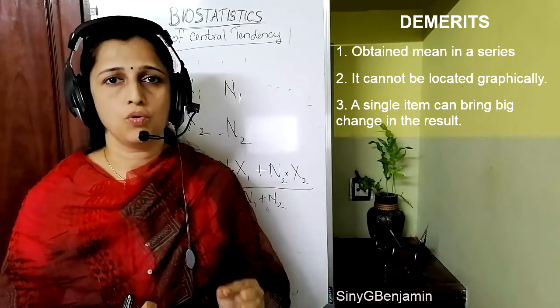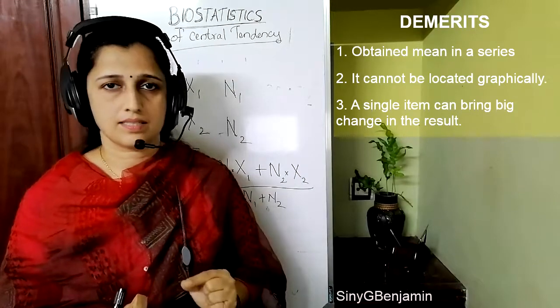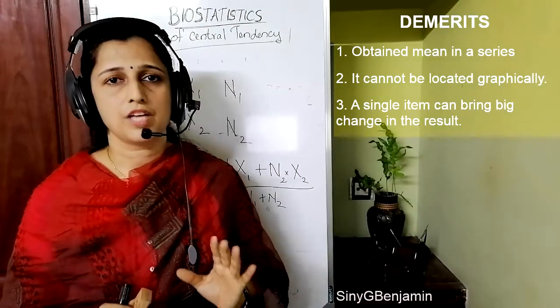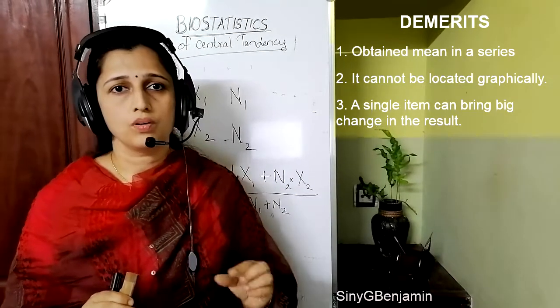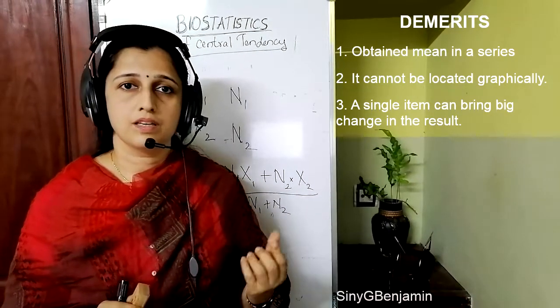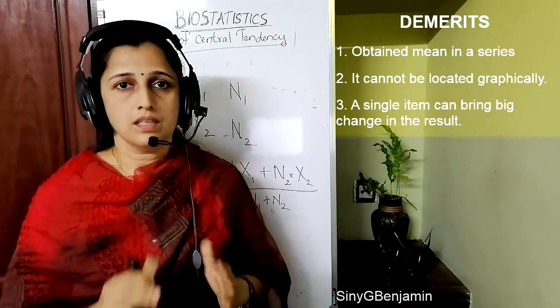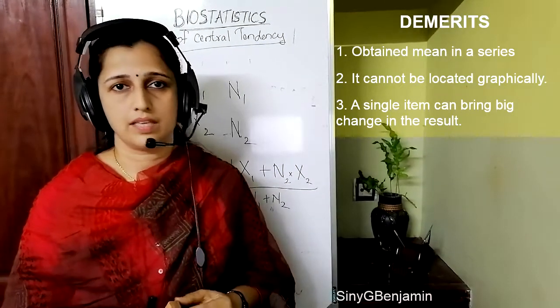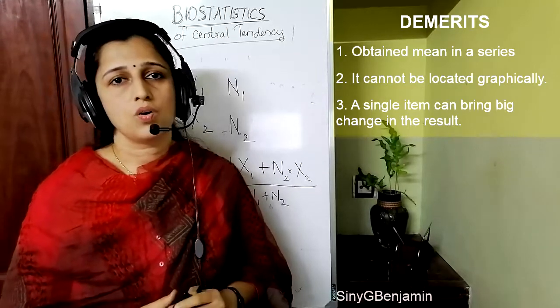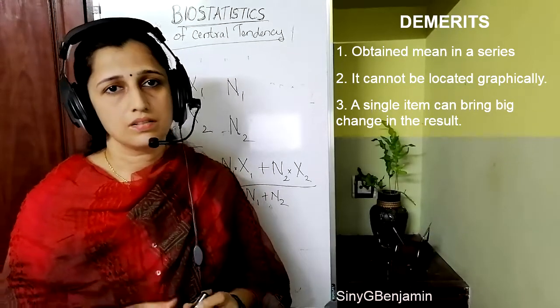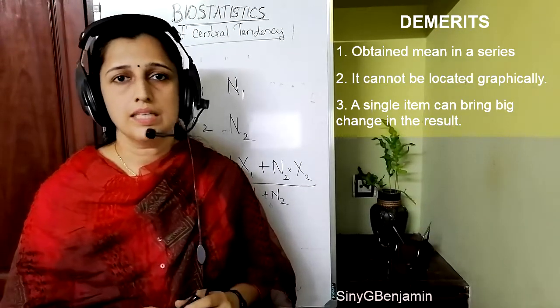For example, 4 plus 3 plus 6 is the initial value which we get, and after some time if we change the 4 to another value, that is 40 or 20, the whole result will change. That is another demerit. You cannot change the data or observation after finding the result.